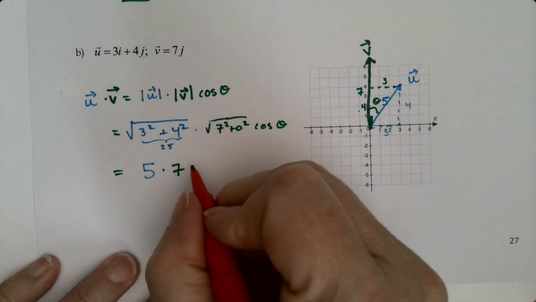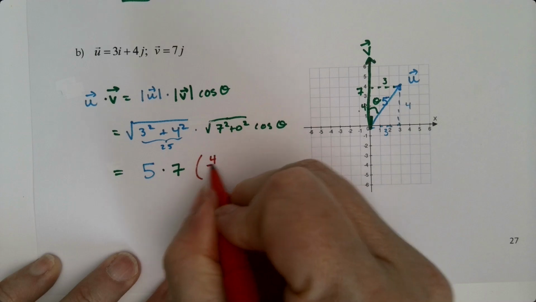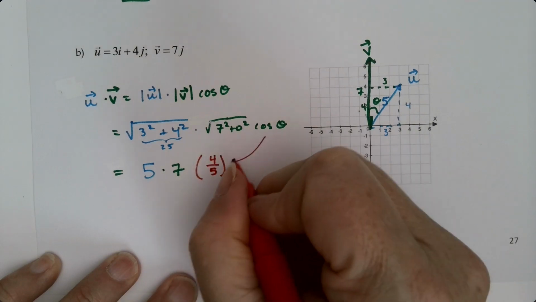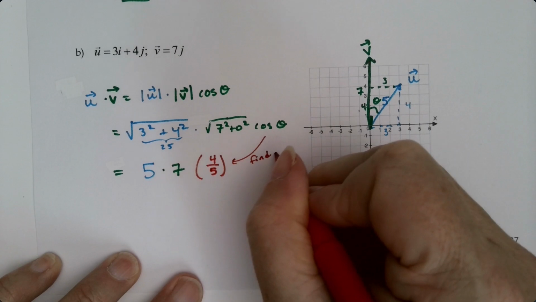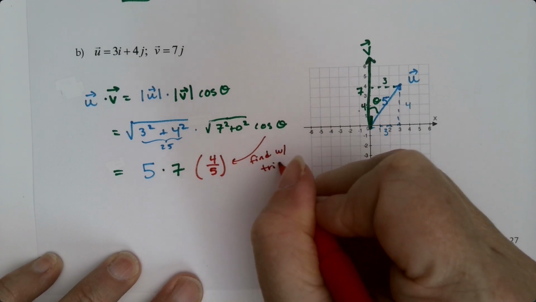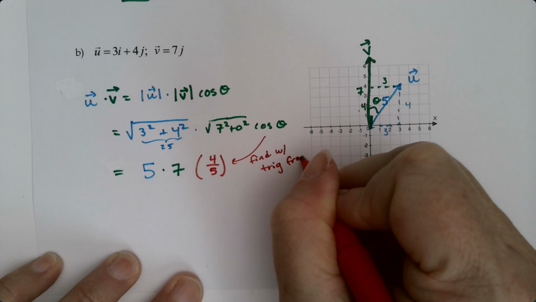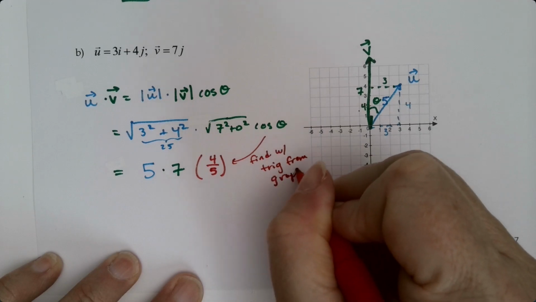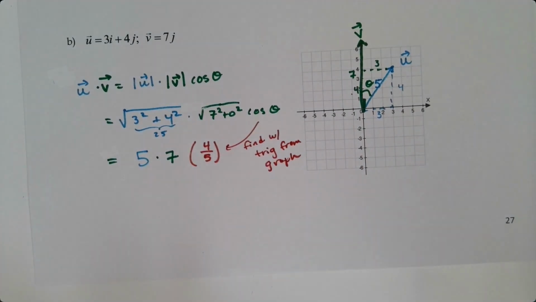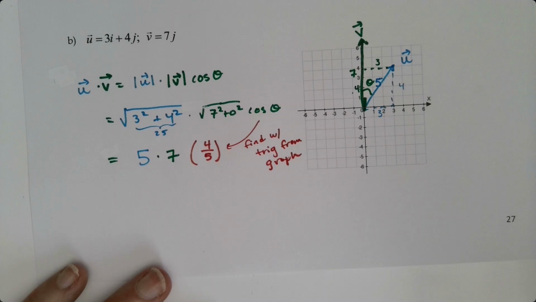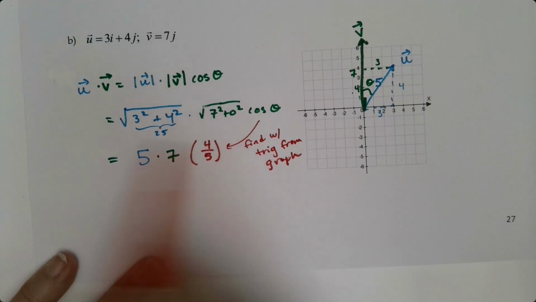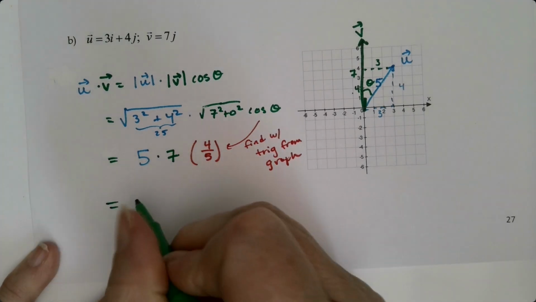Adjacent over hypotenuse would be 4 over 5. And there we have it. So let's think. The 5s would cancel, and we're left with 7 times 4, and that's 28.